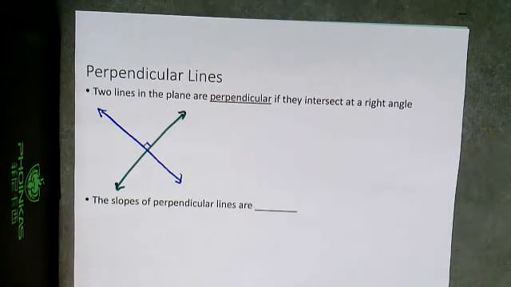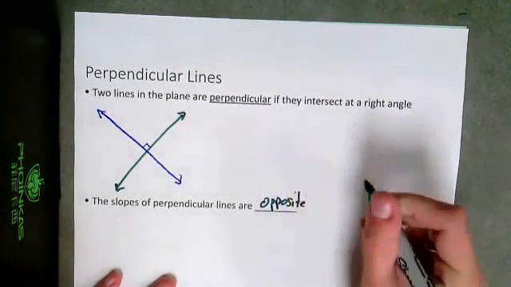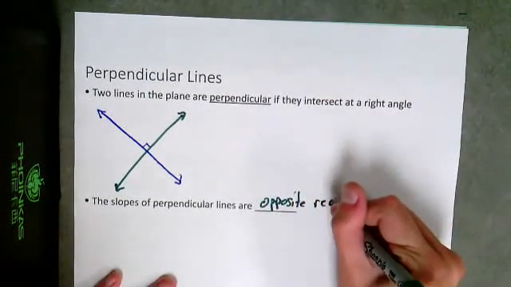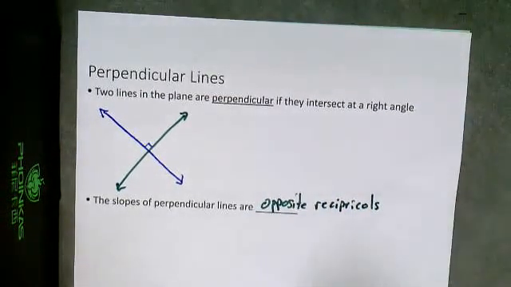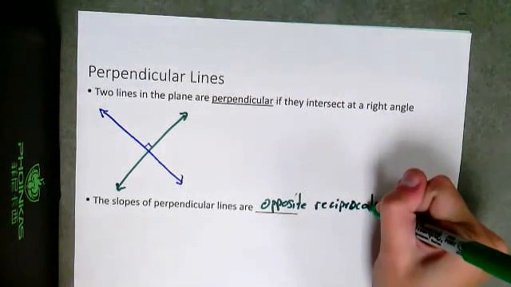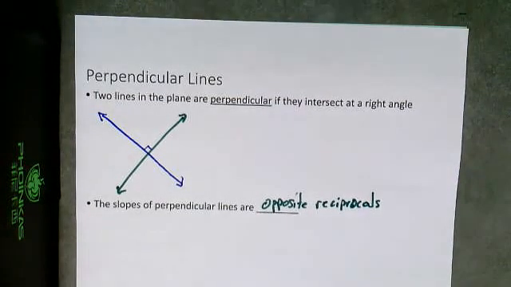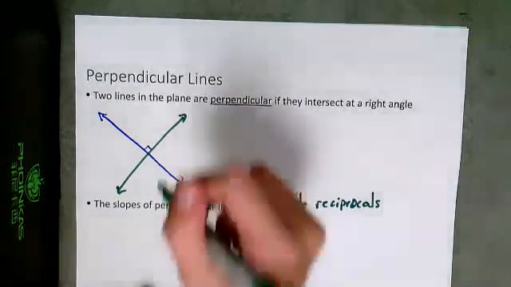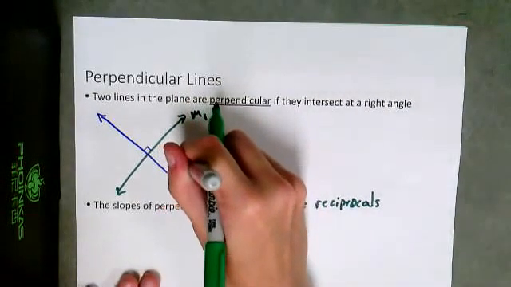So the slopes of perpendicular lines are opposite reciprocals. I spelled that wrong. Anyway, spelling is my forte. So what do we have? Let's look at this guy. This guy has slope M1, and this guy has slope M2.